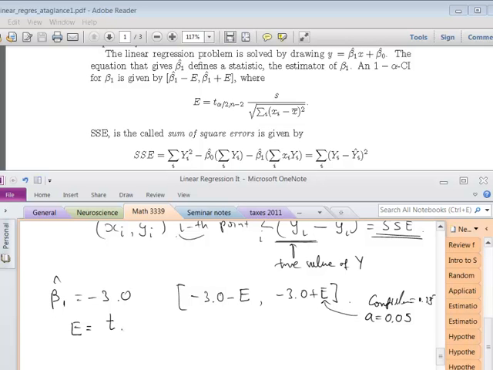Because I need a confidence interval, it has to be two-sided. You take the value for the significance divided by 2, and for 28 degrees of freedom, because I have 30 data points, 30 minus 2 gives us 28.